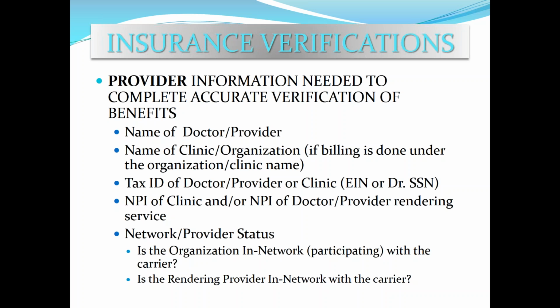And so during that period of time, that rendering provider may actually be out of network. So if you were to bill the claim with the organization's information as the pay to, but the doctor that provided the service is out of network, then the claim will be paid out of network instead of in network. So this is important to know.